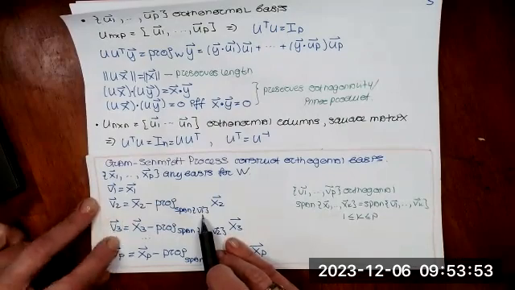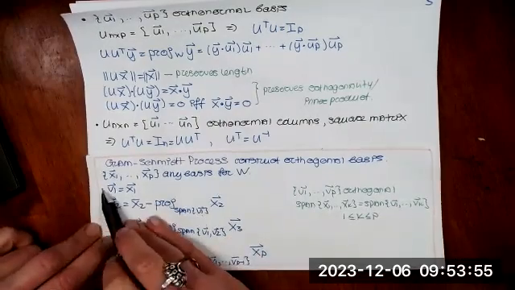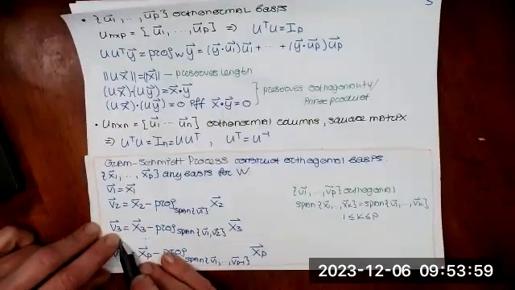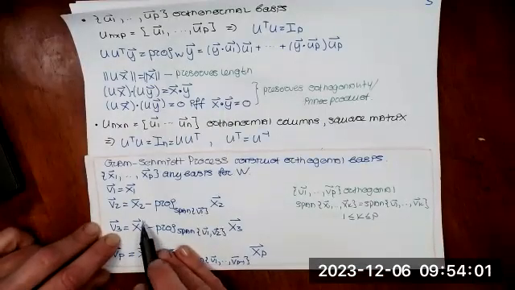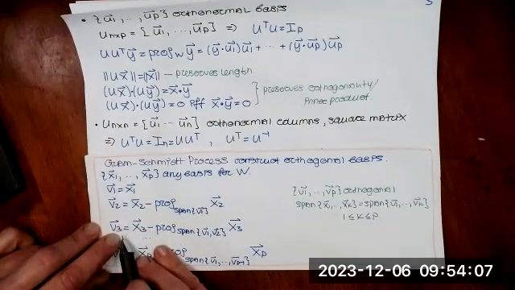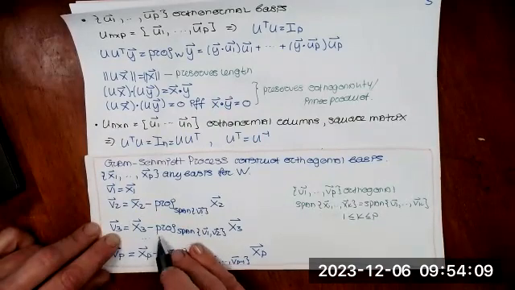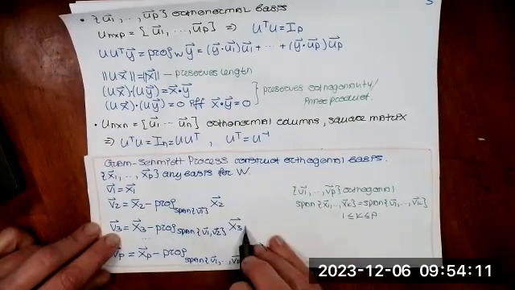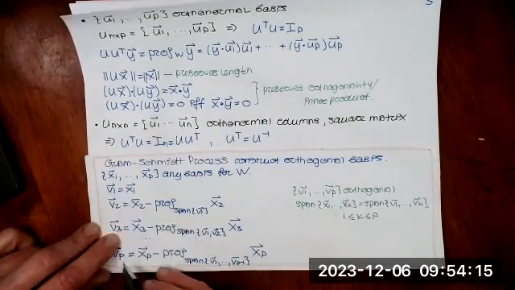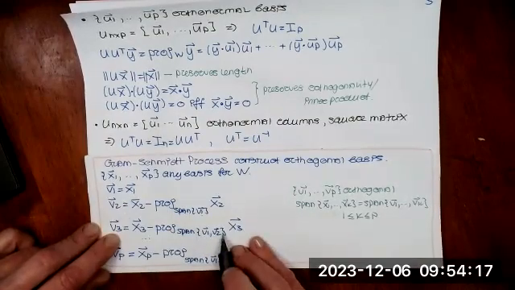When you've done that, you go to the next one, take the next vector x3, and do the same thing, except now you want only the part of x3 that is orthogonal to both v1 and v2. So we take x3 and subtract the projection of x3 onto the subspace spanned by the previous two vectors, v1 and v2.